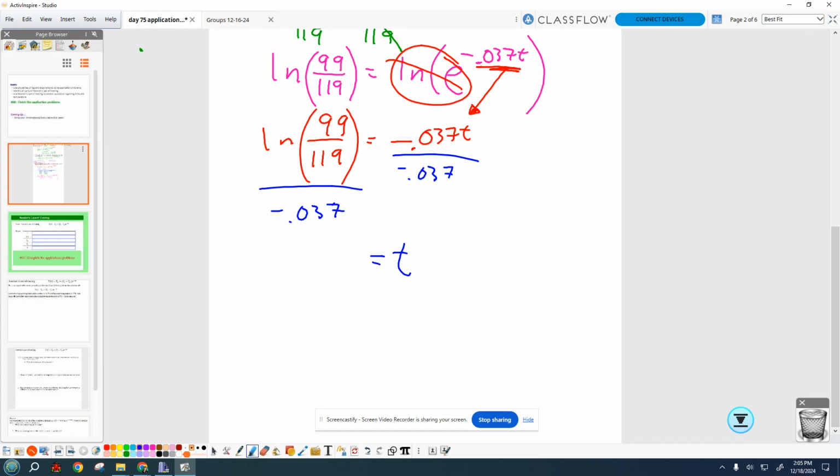Write it on the whiteboard. You don't have a Chromebook or a calculator?